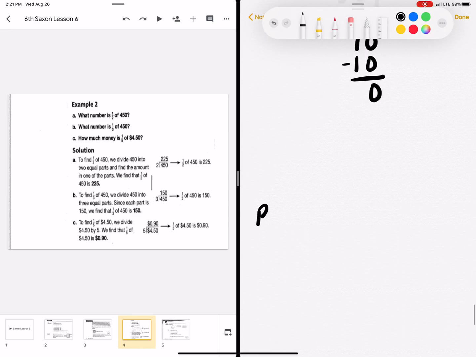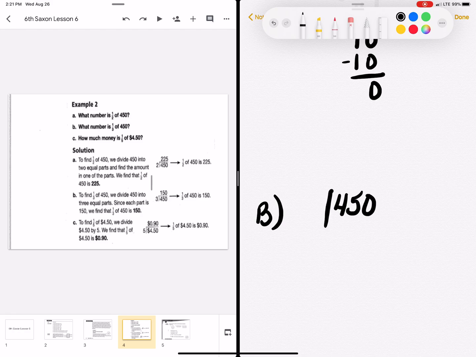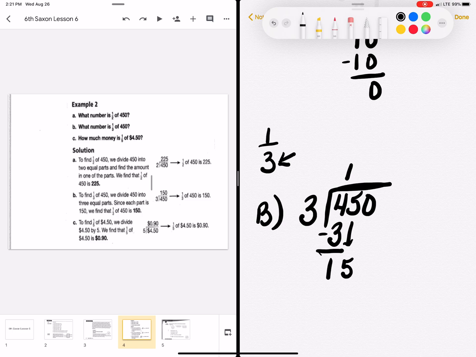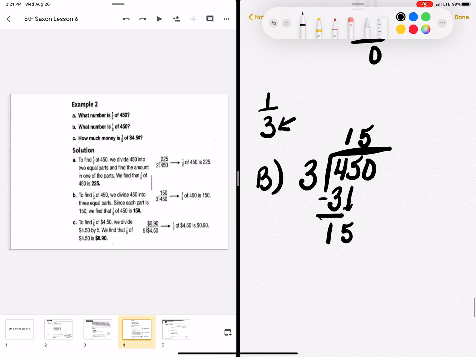B, what is 1/3 of 450? So 450, now not divided by 2, but divided by 3, because it's the bottom of this fraction, 1/3. 3 goes into 4 one time. 1 times 3 is 3. 4 minus 3 is 1. Bring down your 5. How many 3's are in 15? Or ask yourself, what times 3 is 15?